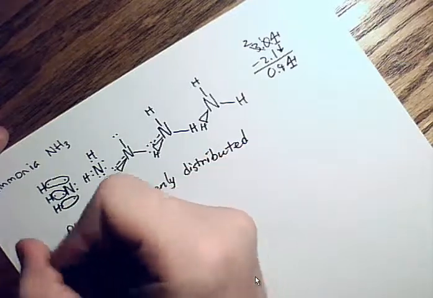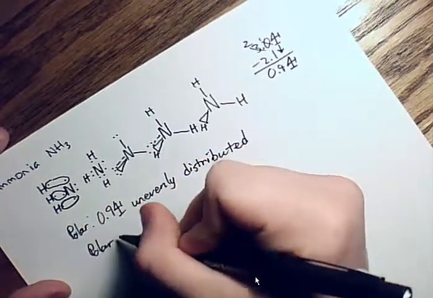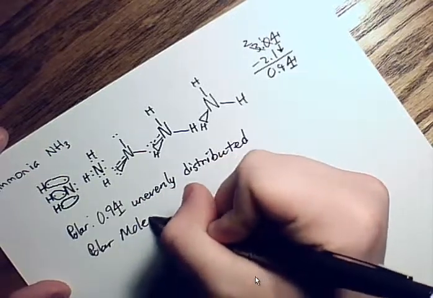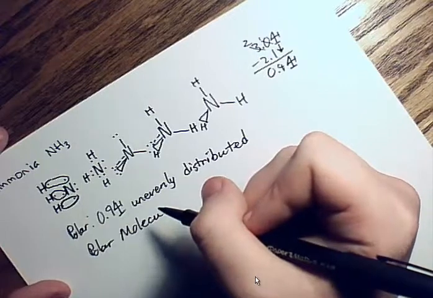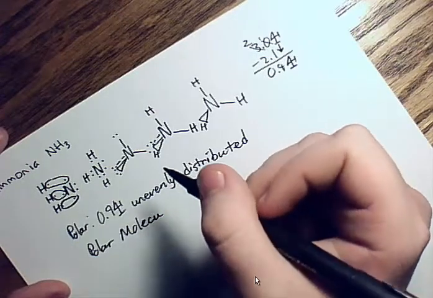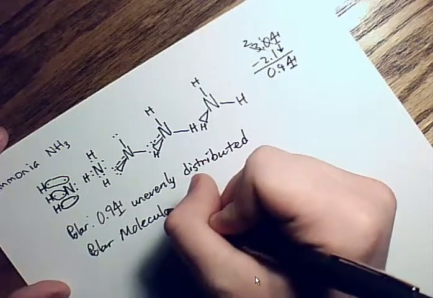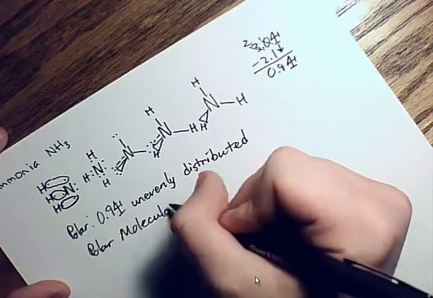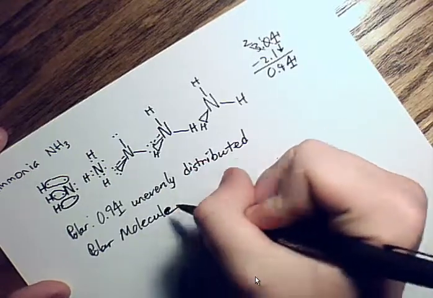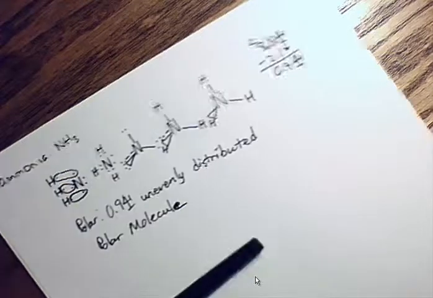Since it meets both conditions, he's got three polar bonds, and the bonds are unevenly distributed, and that's enough to claim that the molecule is polar. He's right. How do you spell molecular? M-O-L-E-C-U-L-A-R. Polar molecule. All right.